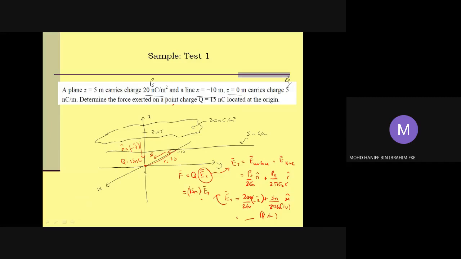That should be the force exerted on a point charge of 15 nanocoulomb, which is located at the origin. Do you understand how this problem is solved? Any question for this example? No? Okay, let us proceed with the next example here.